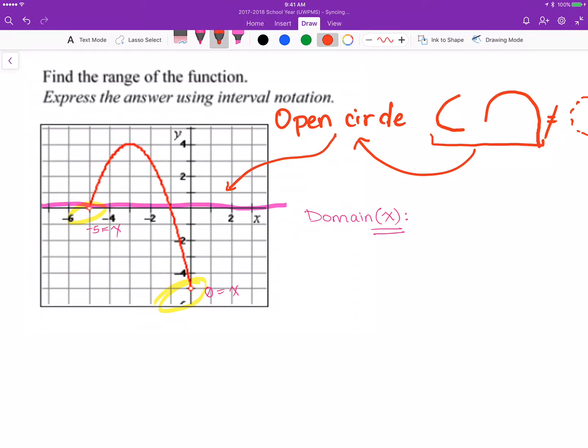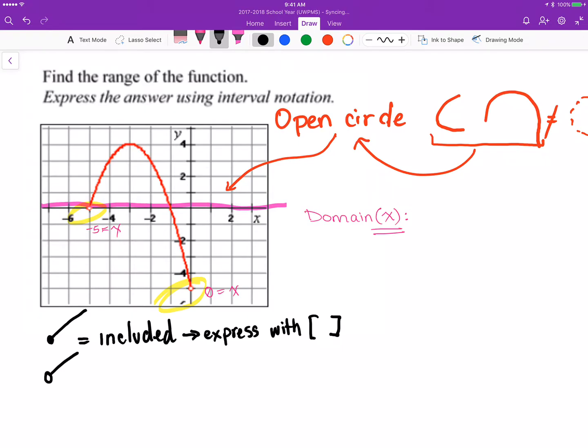Let me do a quick note. A closed dot means included, and you express it with brackets.